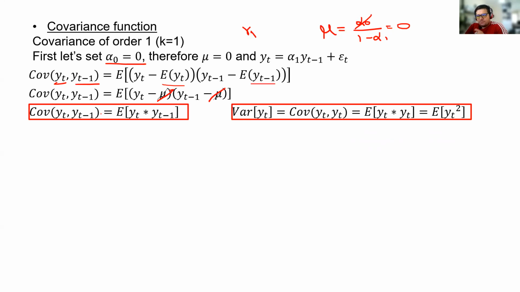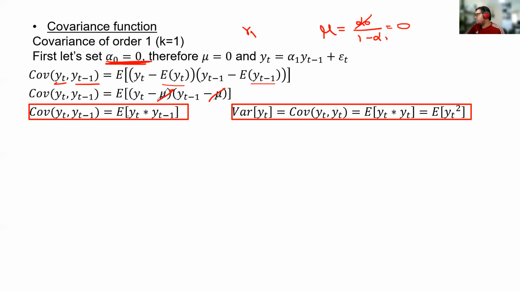A little disclaimer here: this is not the way that the covariances are calculated. This is just an equivalency that we reach once we set alpha 0 to be equal to 0. So we can move from trying to find the covariance between these two values to making it equal to the expected value of this.